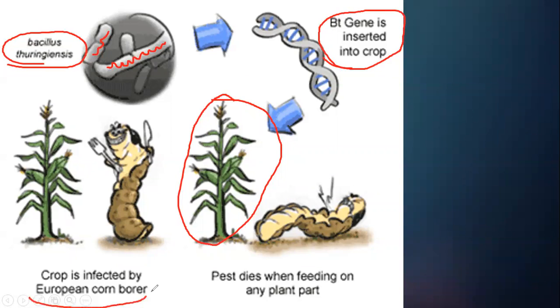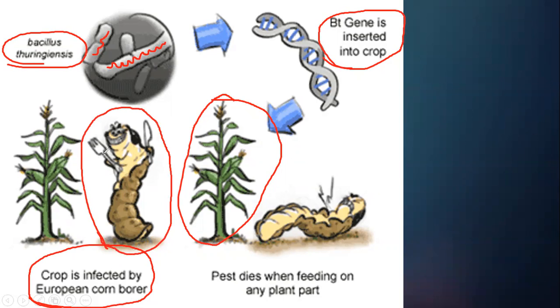The crop plant is affected by the cotton bollworm. Look how beautifully the diagram is represented. The organism is coming with a knife and a fork to eat the plants. It's just shown for you to understand.